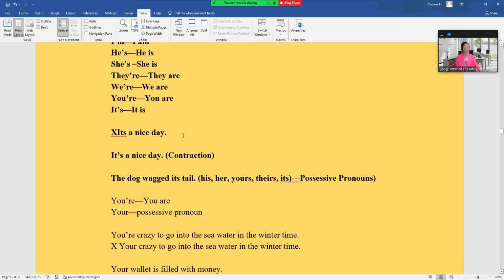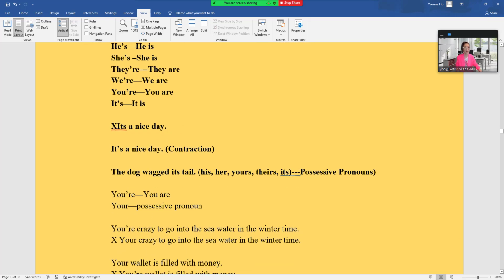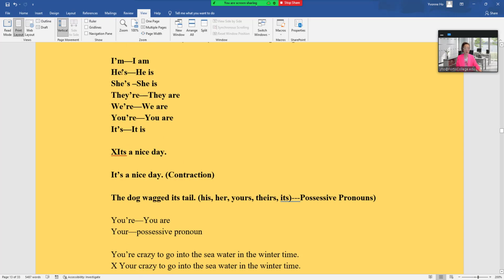A common mistake here is that when you have a contraction, you need to put in an apostrophe. Here the mistake is the person forgot to put in the apostrophe S. If you write "its a nice day," this is incorrect.